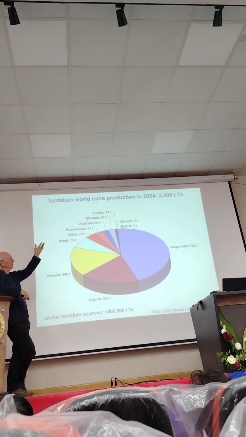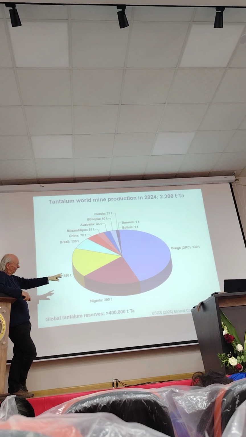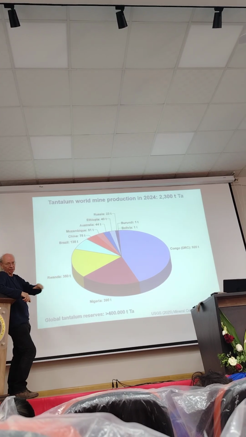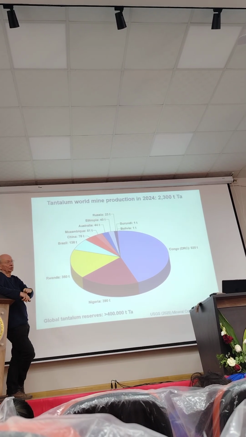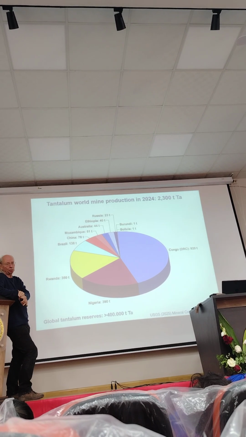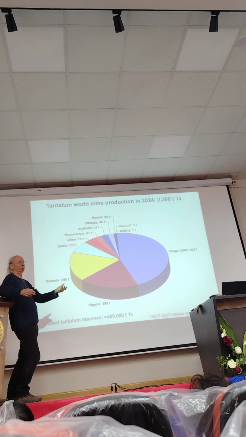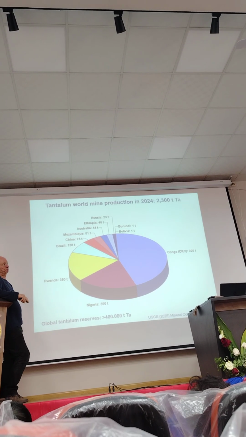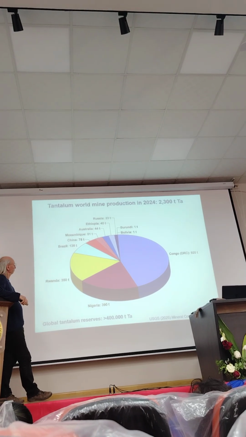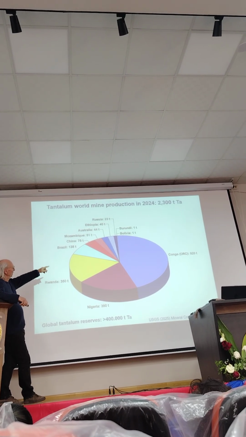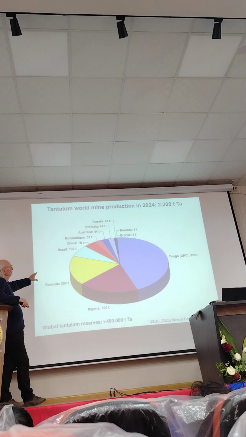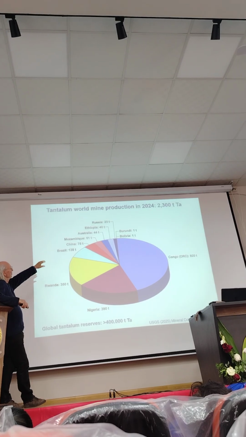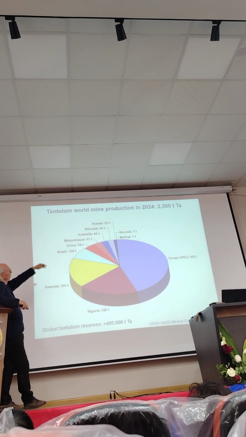It's just because the price of tantalum went up, and this is all artisanal mining. Actually, tantalum is produced in large part by artisanal mining, which means people from time to time take a shovel or whatever, or do some panning. Then comes Rwanda, quite significant. Also, Rwanda is a very small country. Then comes Brazil, China, Mozambique, and that's it.